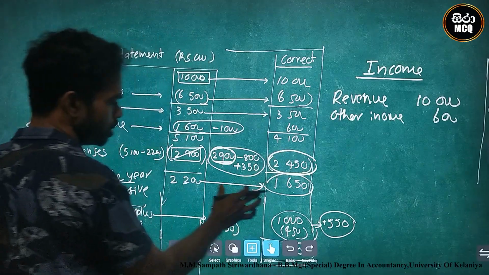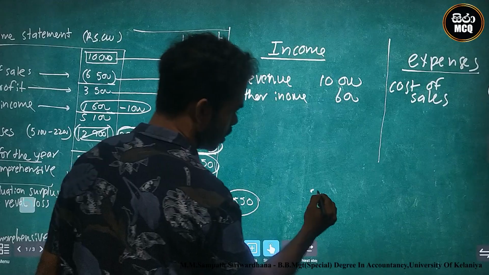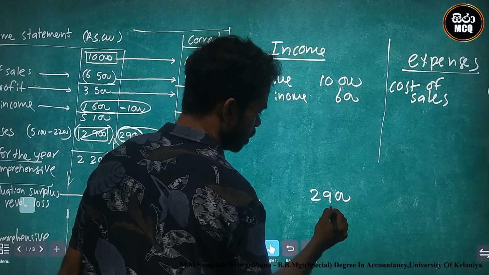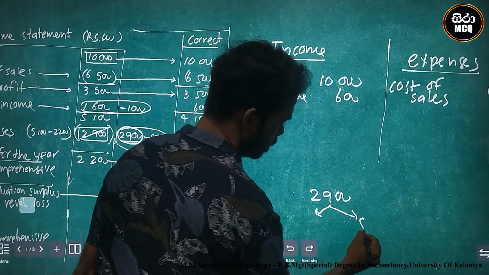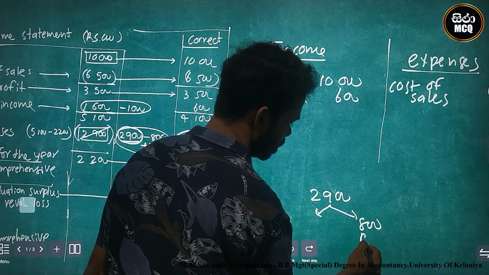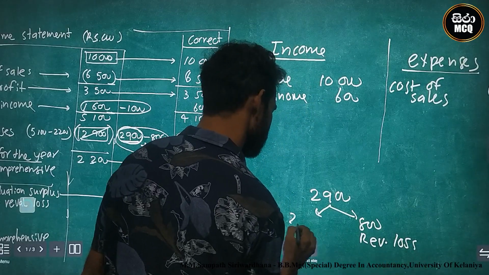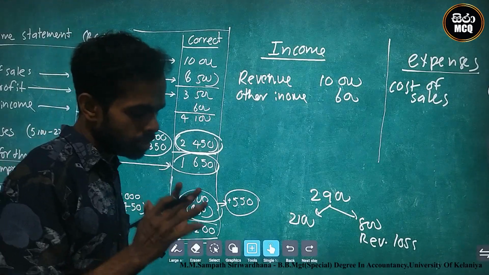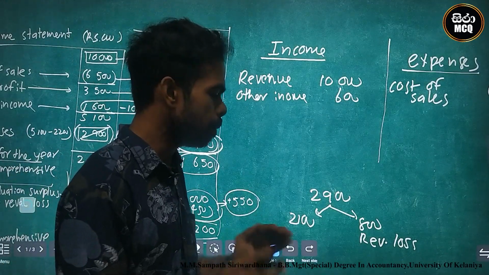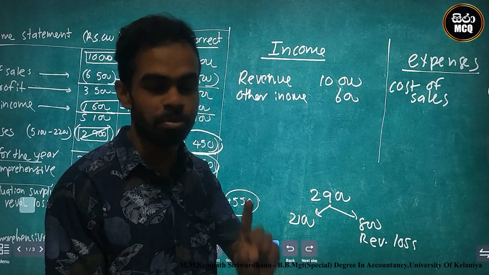Look here, 2,900 is the expense. I eliminate this 800 revaluation loss, and the other expense is 2,100. At the expense identification, remember that the total revaluation loss is identified as expense.